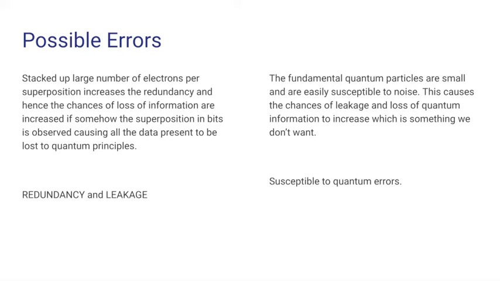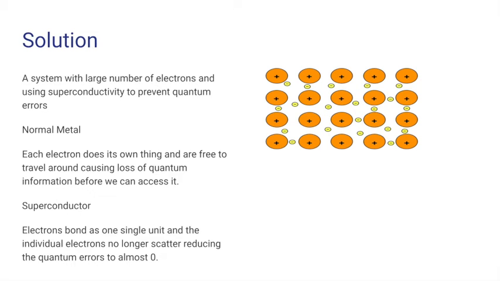This would make the system more susceptible to physical noise and increase chances of quantum errors. In superconducting qubits, we use the best of both worlds. Certain metals, when cooled down below a threshold, start behaving like superconductors. Electrons bond to form a single unit, and the individual electrons no longer scatter, reducing quantum errors to almost zero.